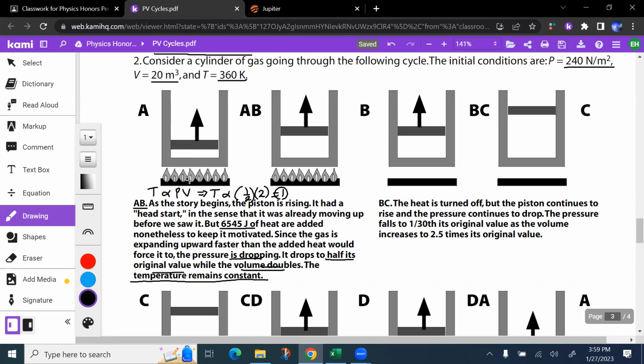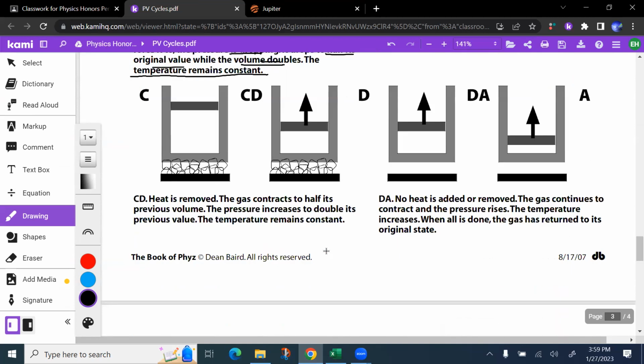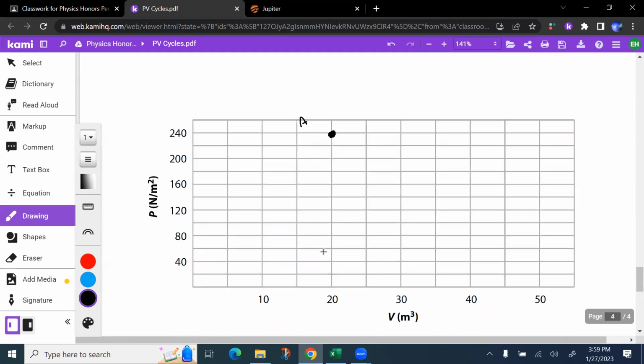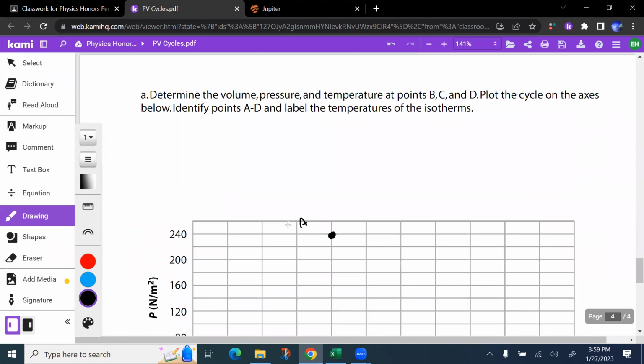All right, so how do we do this? Well, we're going to take the volume and double it, and we're going to take the pressure and cut it in half. So what would that look like? Well, on the picture here, we can spell it all out, just to make it easier to graph.